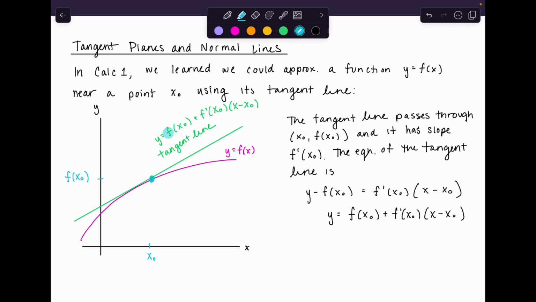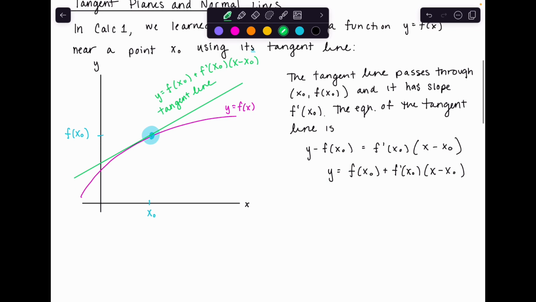So what I could say, because a line is much easier to evaluate than potentially exponential or trig functions, we could say these two were about equal to each other nearby this particular point. So ultimately, for values of x near x naught, we can say that the function is about equal to this tangent line.